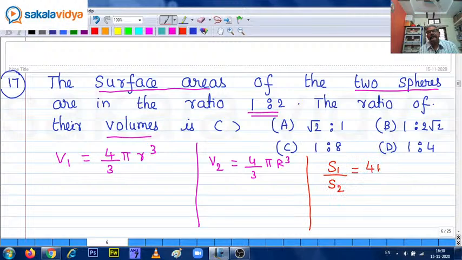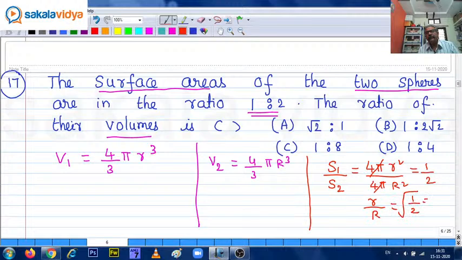Surface area of a sphere means 4 pi r square upon 4 pi capital R square. This is equal to 1 upon 2. 4 pi gets cancelled. So r square by capital R square is equal to 1 by 2. Small r by capital R is equal to square root of 1 upon 2. That will be 1 by √2.